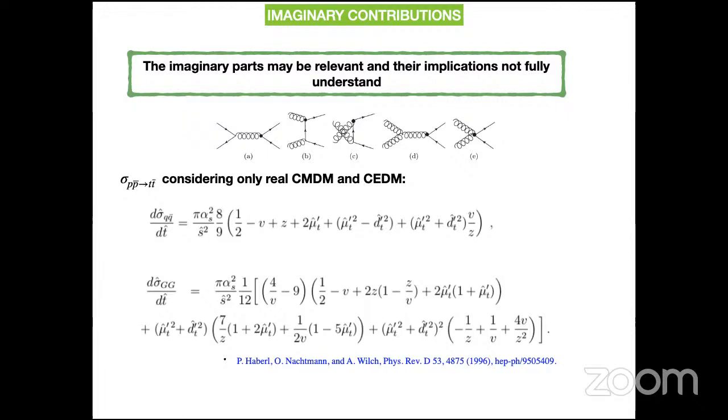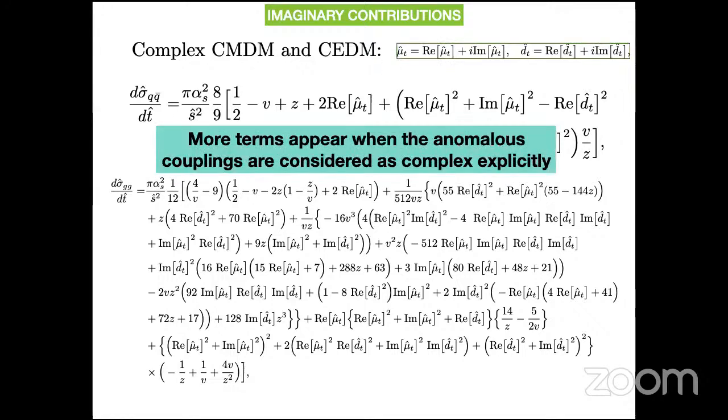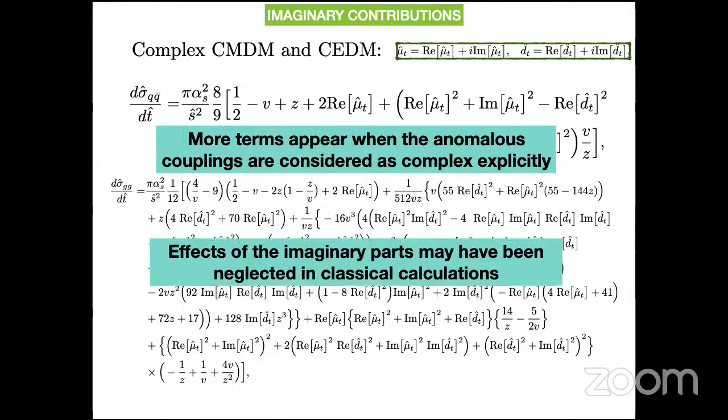But as I said, I want to study the implications of the imaginary parts. So if I write the anomalous couplings explicitly as a complex number, with real and imaginary parts, I obtain the following result. We can observe in general that more terms appear when the anomalous couplings are considered explicitly as complex. So the effects of the imaginary parts may have been neglected in classical calculations.